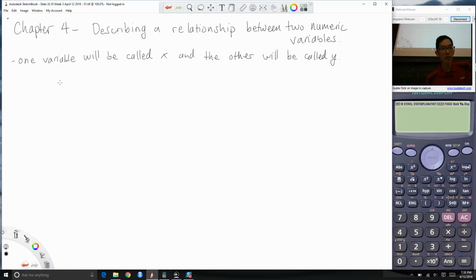We can take a look at any data set where we have gathered at least two variables that are numeric. Let's say we looked at a certain snake species, and we gathered 10 different snakes.